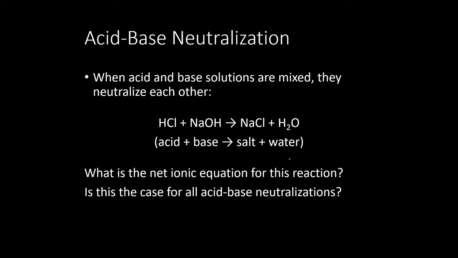So the acid is very acidic, the base is very basic. They are on opposite sides of this scale, and so when you put them together, they're going to neutralize each other to make a salt. In this particular case, they actually make table salt, but that's not always going to be the case. But they will make some kind of ionic salt and water.